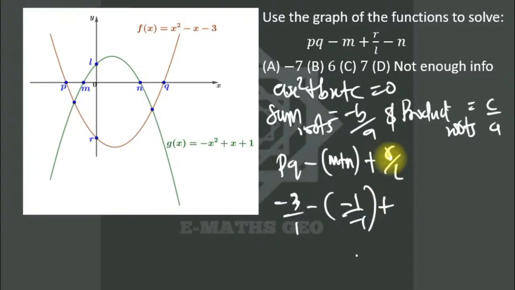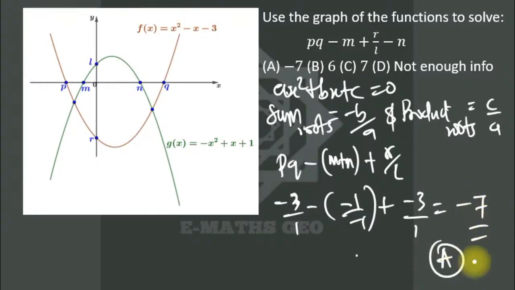Finally, r and l are the y-intercept. That is, at this point x is 0 if you substitute. So r is minus 3. For l, if you substitute 0, it is 1. So you see our answer will be minus 7.